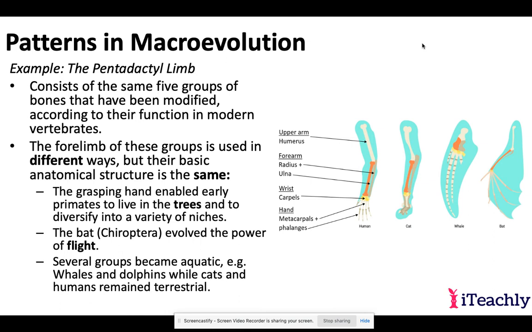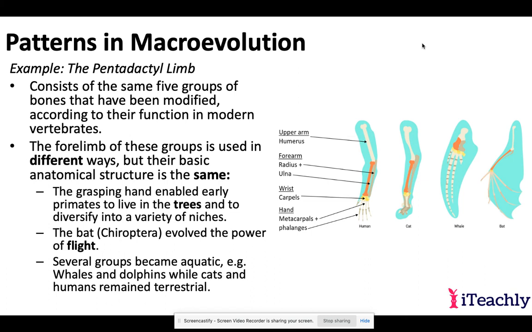So again, this is what I was talking about. We have discussed this in previous lectures, but this idea supports the function of macroevolution and divergent evolution. We're going to use the same structures, but in a different way for a different purpose. And as a result of that different purpose and different use, we diverge from one another.